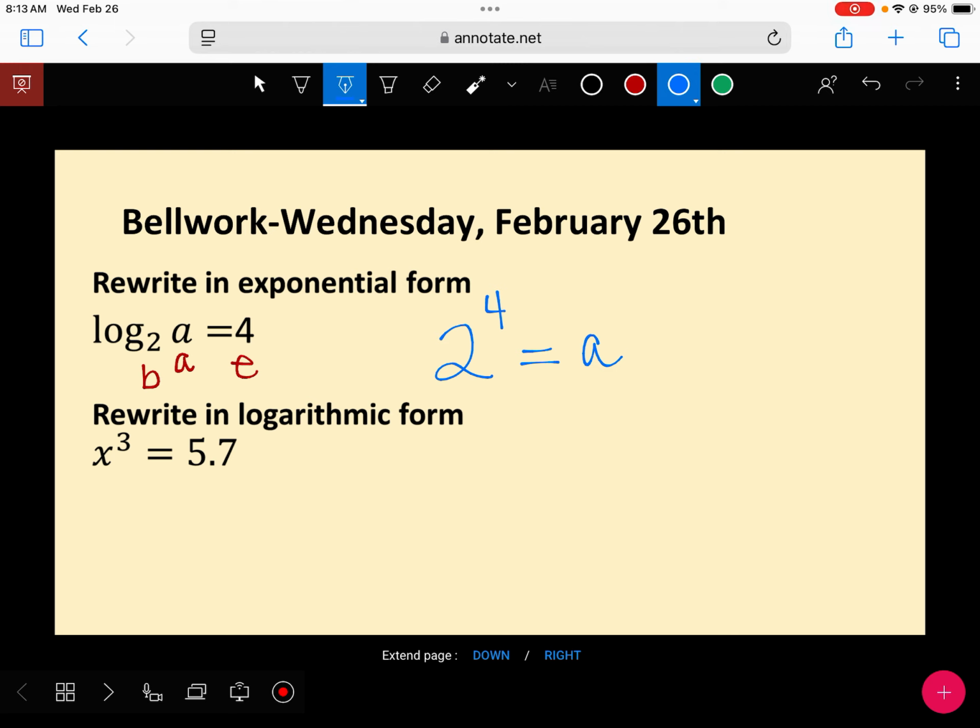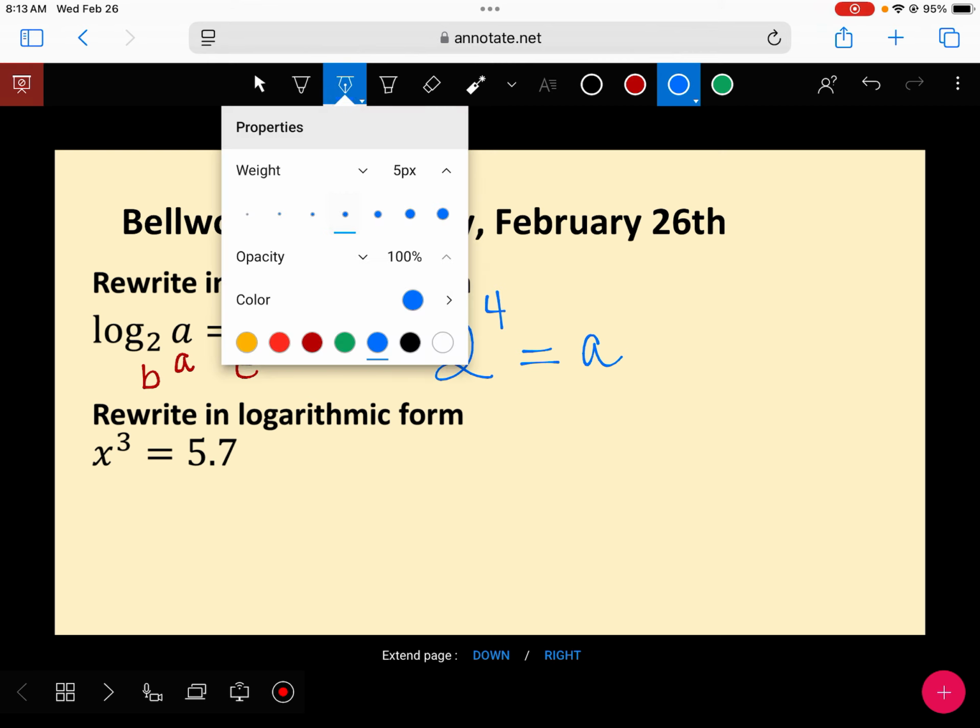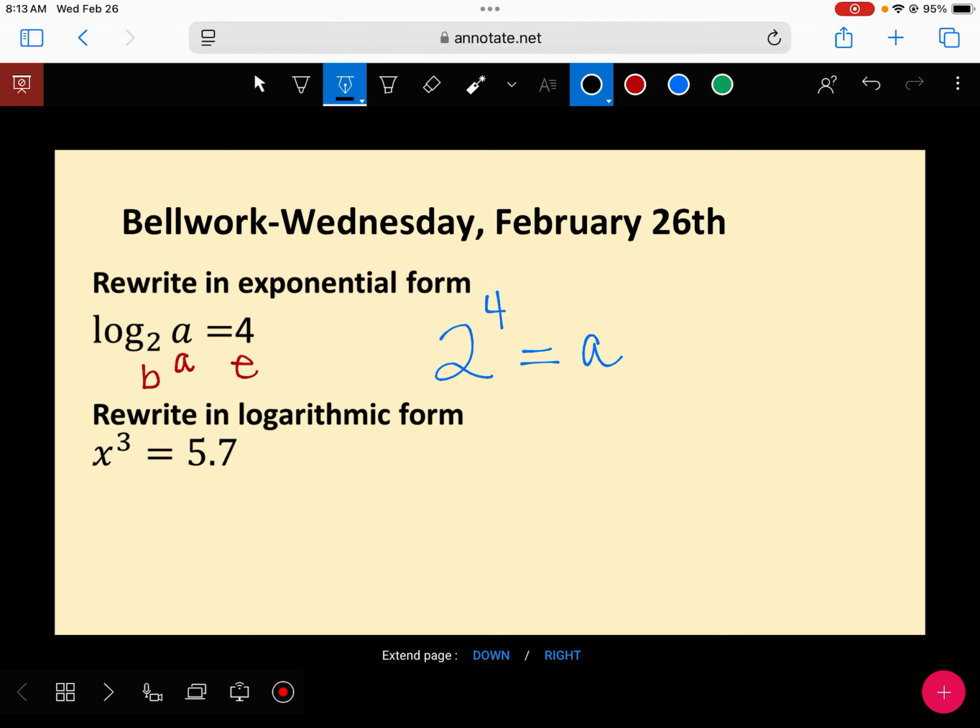All right, so now let's go the other direction. The first thing you want to do is write the word log. Now remember, the base of the exponent is the base of the log. So what's the base of my exponent?